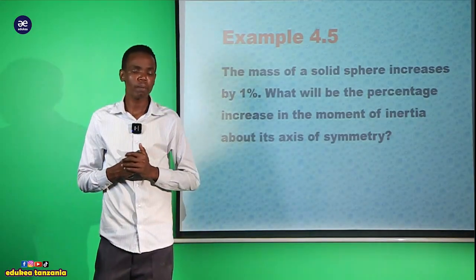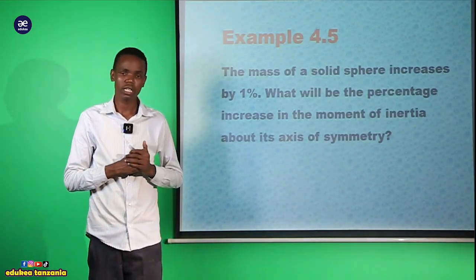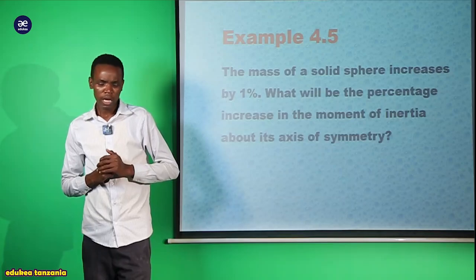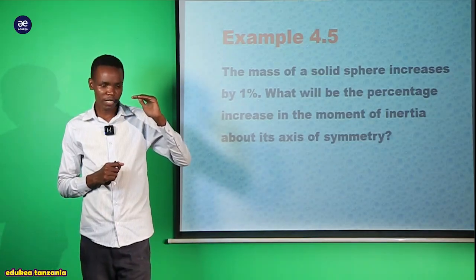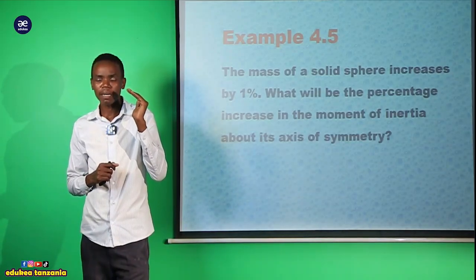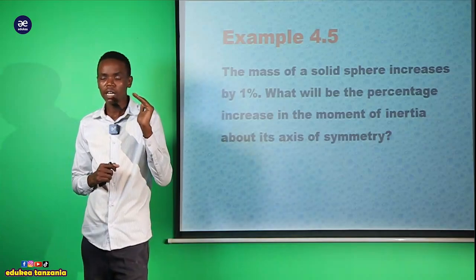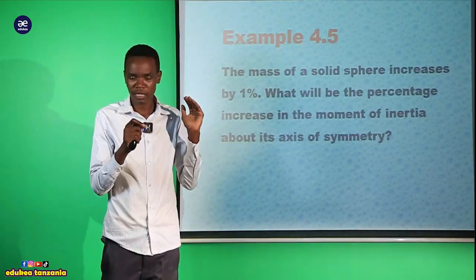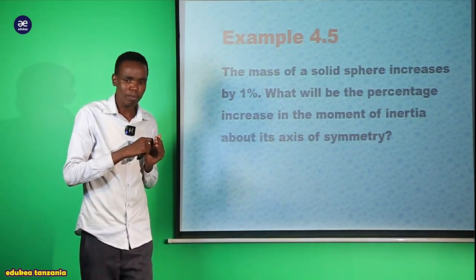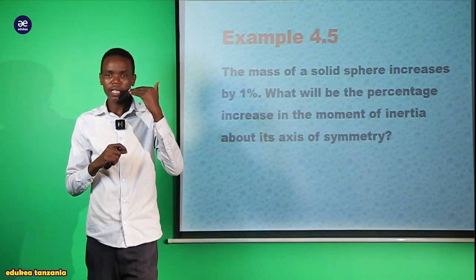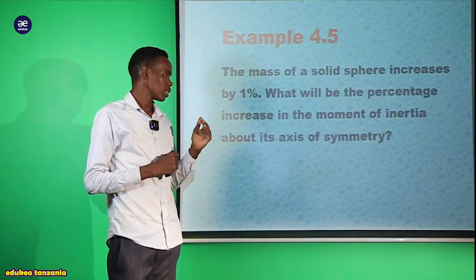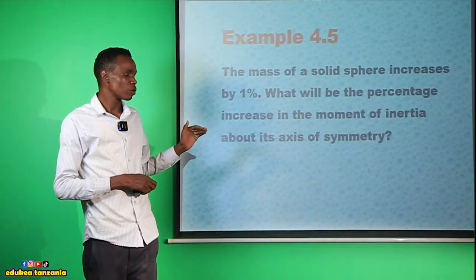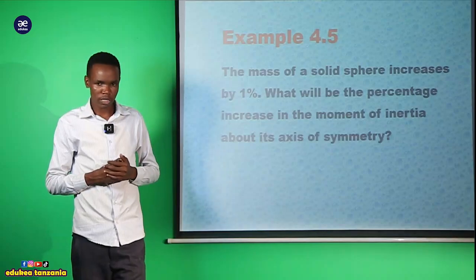Now, what will be the percentage increase in the moment of inertia, if the sphere has a mass which is increased by 1%? How many percent should the moment of inertia increase about its axis of symmetry?